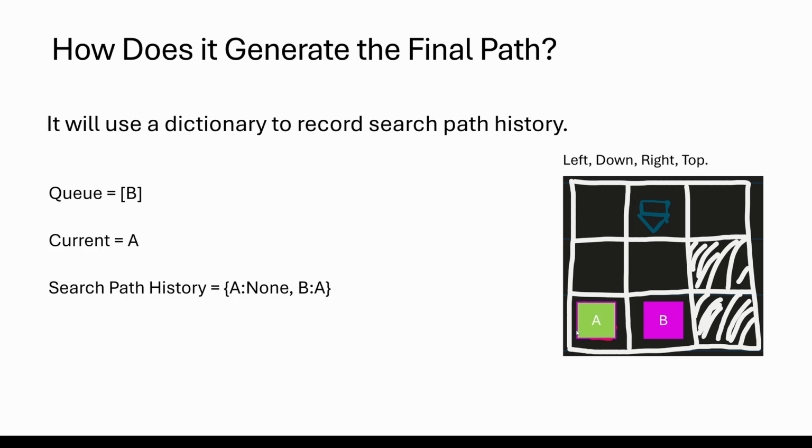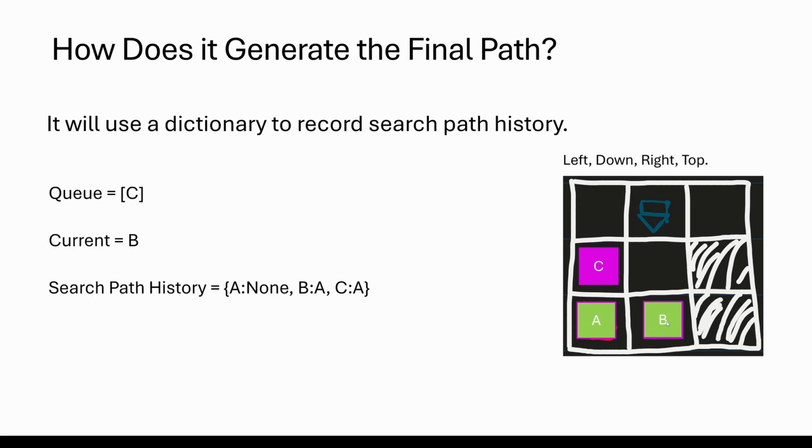Then we look at A's neighbors, and we add B to the queue, and we also add B to the search path history, and we connect it to A because A is the one which found B. We do the same thing with C, we add C to the queue, and for the search path history, we'll connect C with A because again, A found C. That's all of A's neighbors visited. So we will look at B's neighbors now. We pop B off the queue, and that'll be the current.